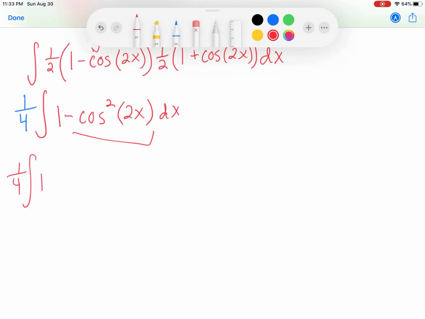So we're going to have 1/4 still out front, and we have 1. And then we need to go ahead and rewrite cosine squared 2x, and we're going to use an identity to do that. So we're going to have 1/2, and then we will have 1 plus cosine 4x dx.